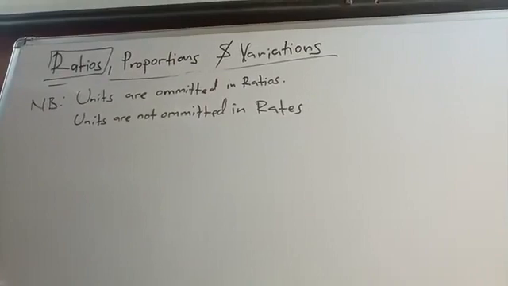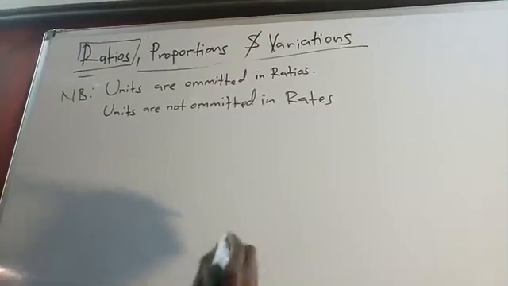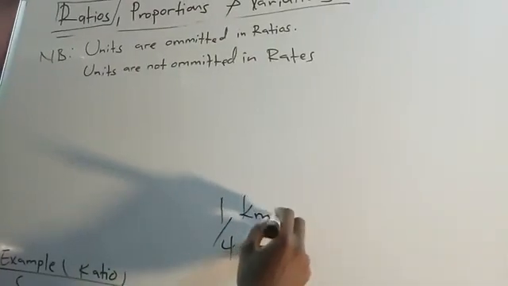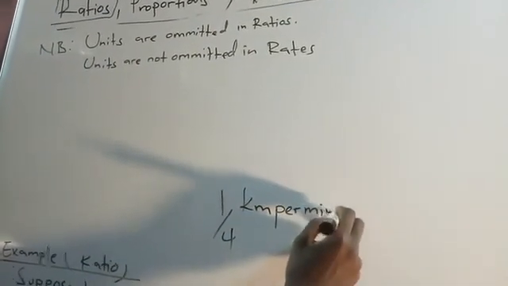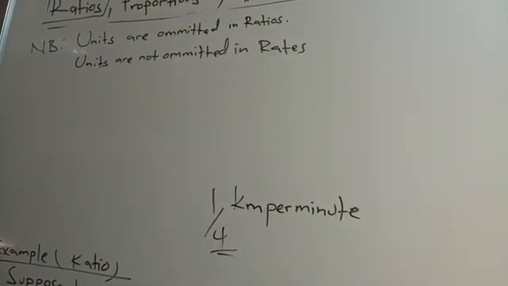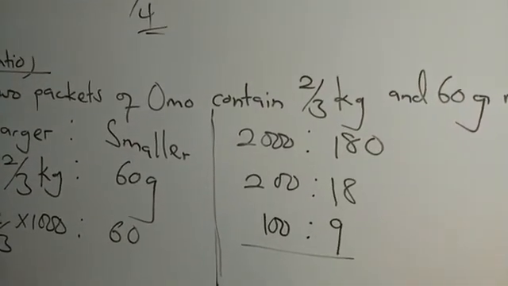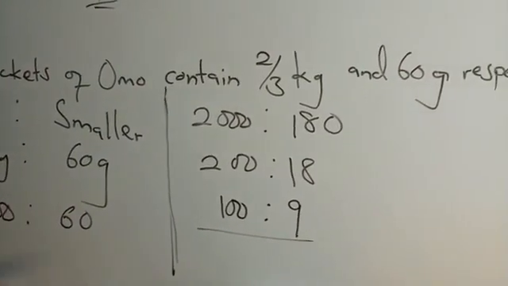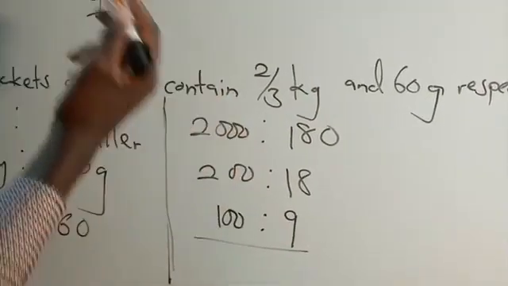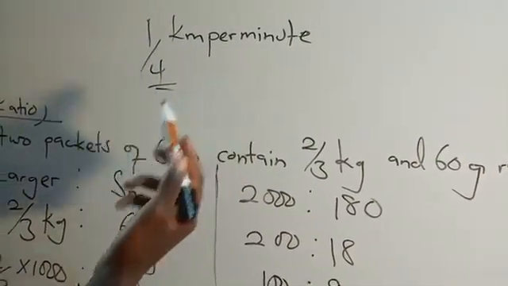So the answer we got on rates was a quarter kilometer per minute, and our answer on ratios is 100 to 9, meaning that ratios don't have units, while rates have units.